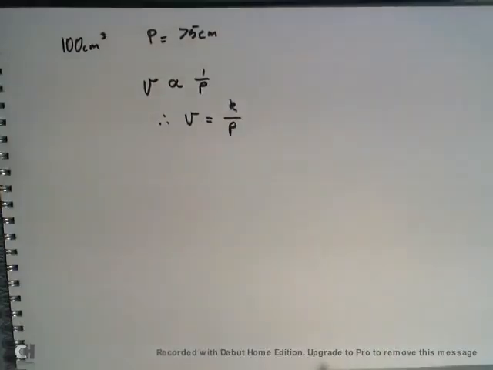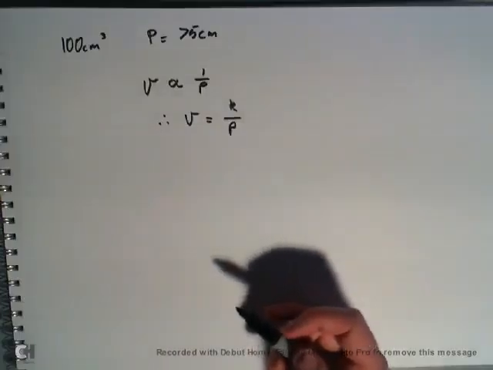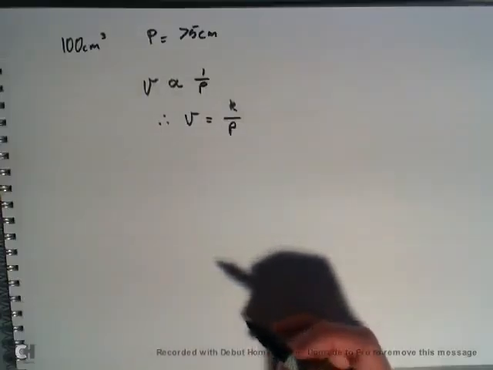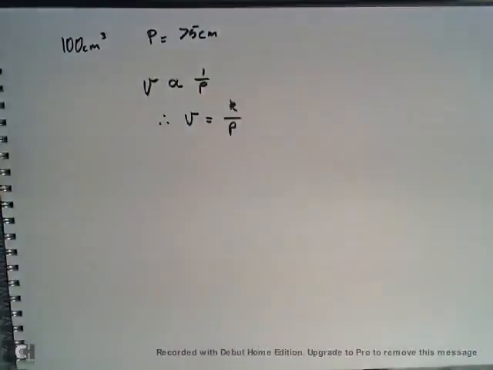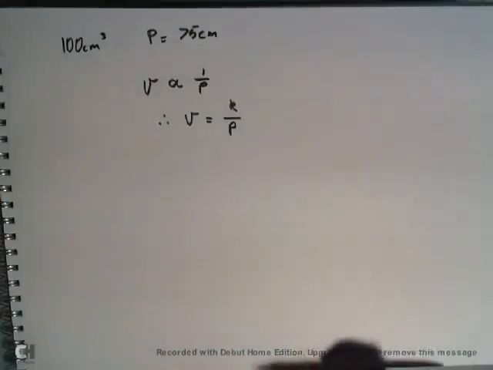Now, we use the given data to find k, and hence we find the rule. In the example, they've actually got a typo somewhere, by the looks of it.